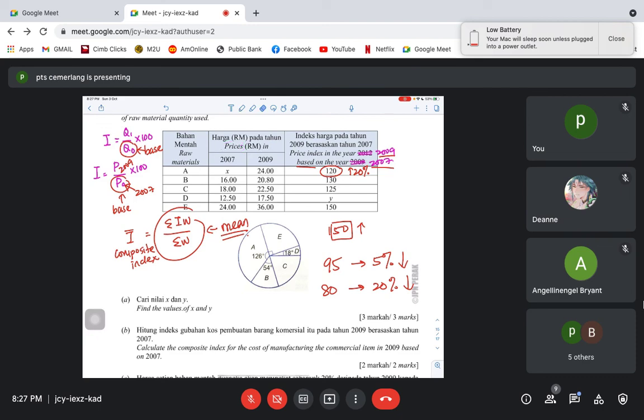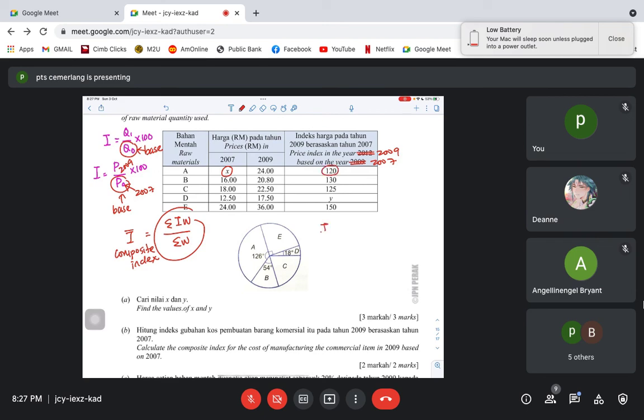So now let us try and see how do I find the answer. Cuba tengok mana satu formula yang boleh you gunakan. Okay, this one I throw away. This is just the idea first. Again, this one 2009, 2007. First of all, you want to find the value of x. Okay, you nak cari nilai x kamu. Okay, what happened is that you ada price index.